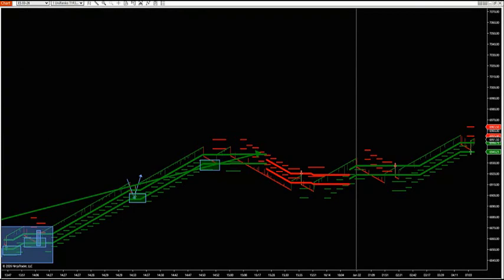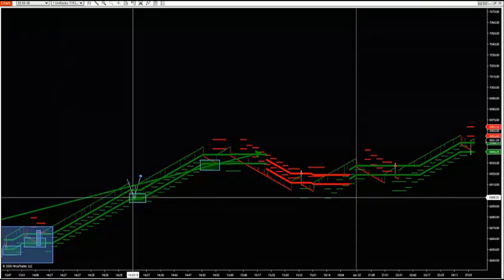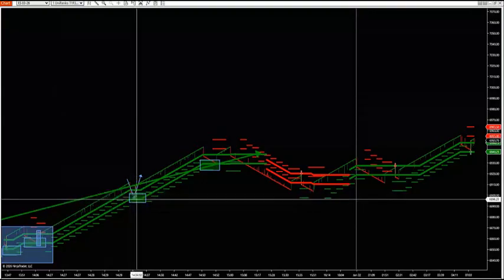Zones are very, very effective. Because these zones are where you're looking for the buy side or sell side liquidity grab or sweep. And it's a major heads up when it's coming up.